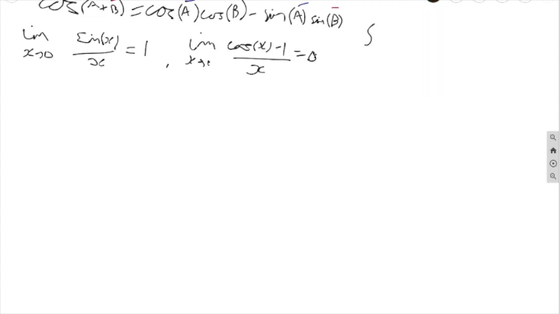And let's say we have our f of x equal to cos of x, and we want to find f prime of x.